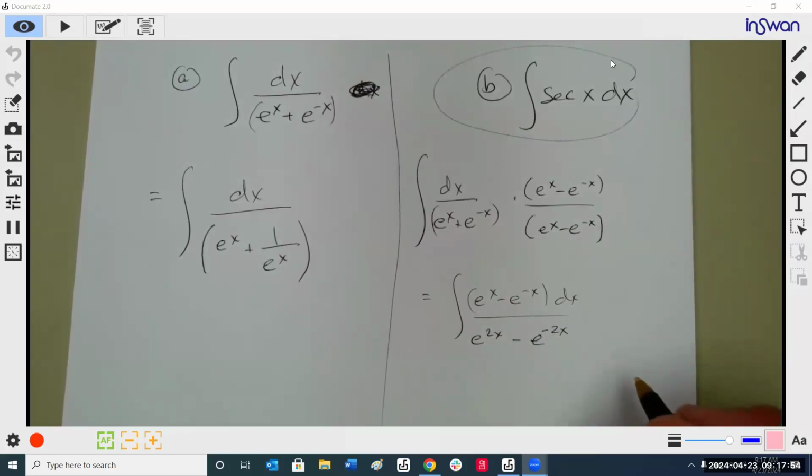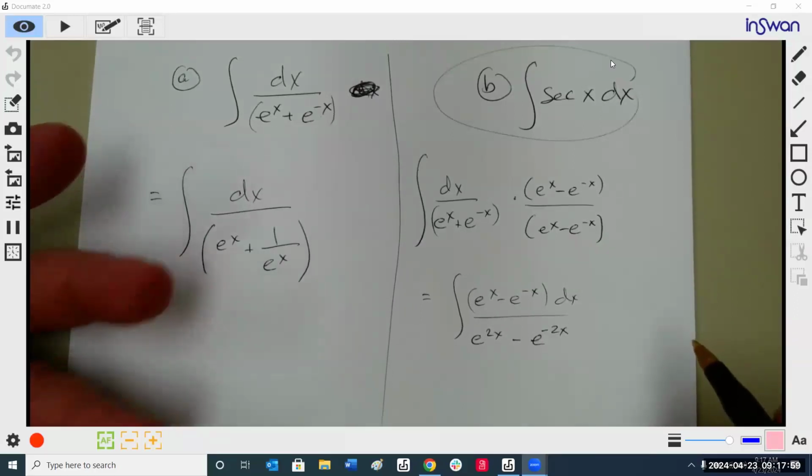Nope, we still have it in there. Good try though, but it wouldn't work. We still have a negative exponent.